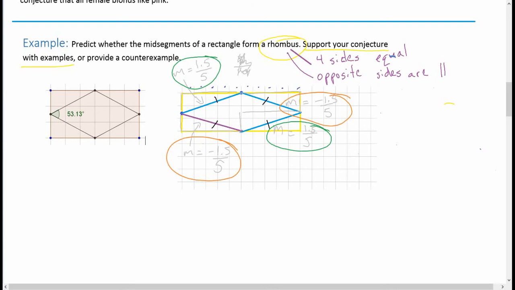Great. Notice that you can also use the points if you have it on a grid system, and if you defined the axes, you could label each of the points. So say you had the axes here and here, it can be helpful to say this point is 1, 2, 3, 4, 5.5.